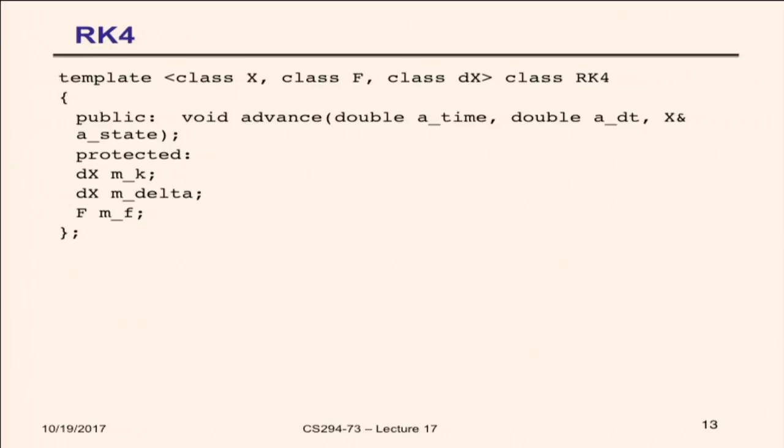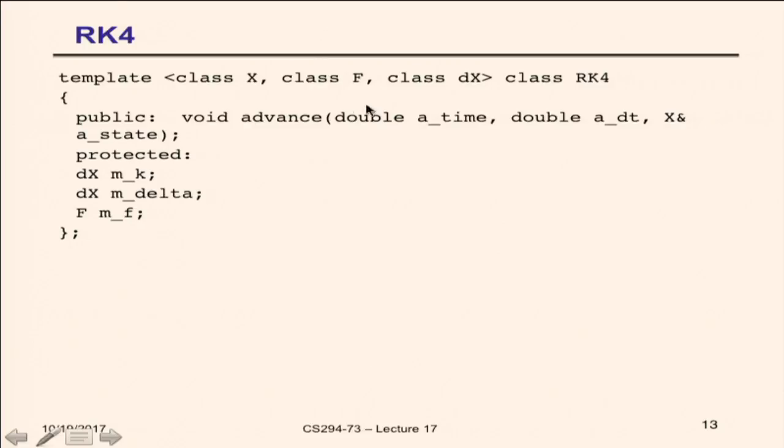Recall, what you're going to get is an implementation of fourth order Runge-Kutta that is parameterized as a templated class. It has three template parameters. One is X, the state, which is where all the particles are and whatever other information you need.